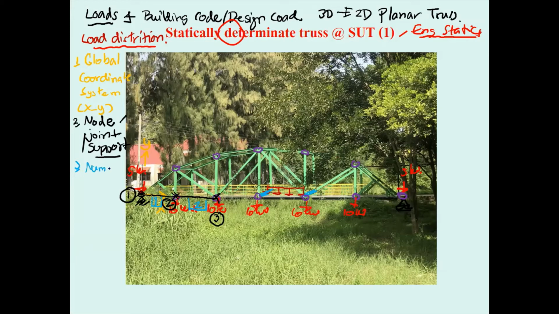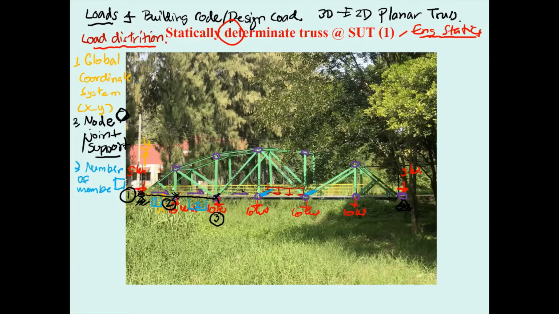The number of the member is a number with a square, but the node is a number with a circle. And then not only that, you also provide the local coordinate to the member.